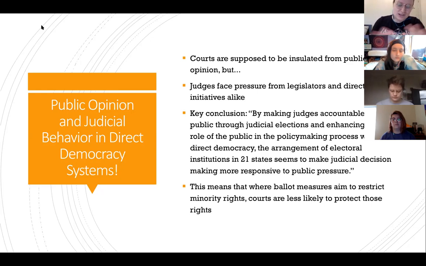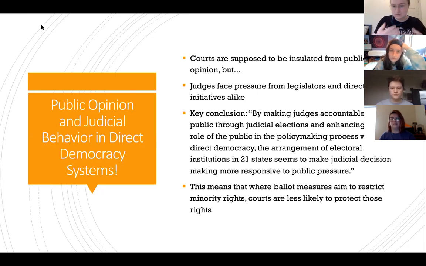And the key conclusion, this is a long quote, I apologize about that, but I'm going to read it anyway. By making judges accountable to the public through judicial elections and enhancing the role of the public in the policymaking process with direct democracy, the arrangement of electoral institutions in 21 states seems to make judicial decision-making more responsive to public pressure.